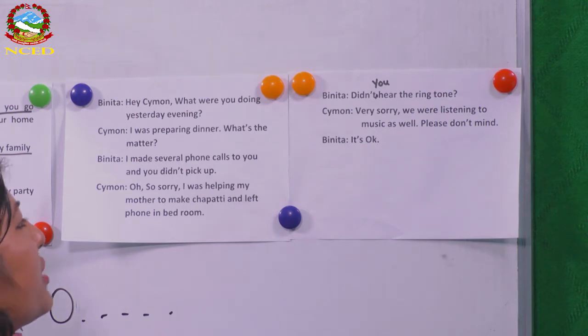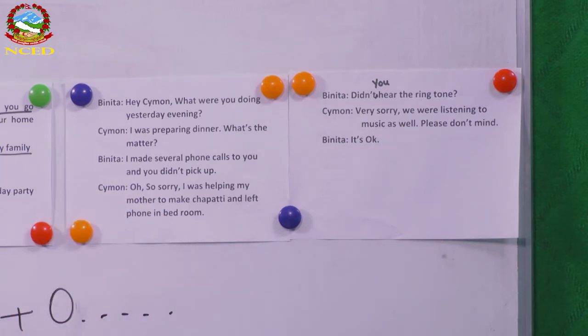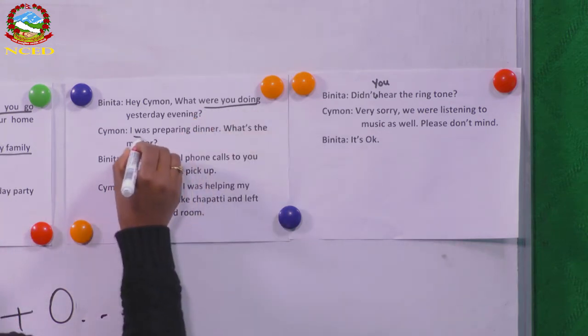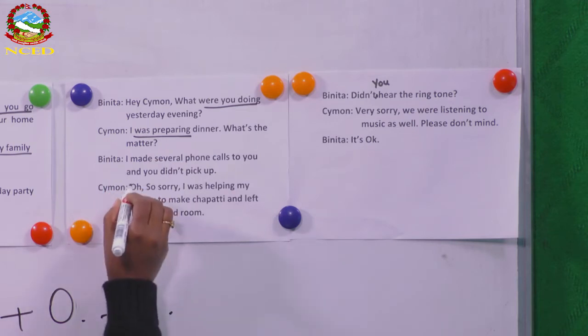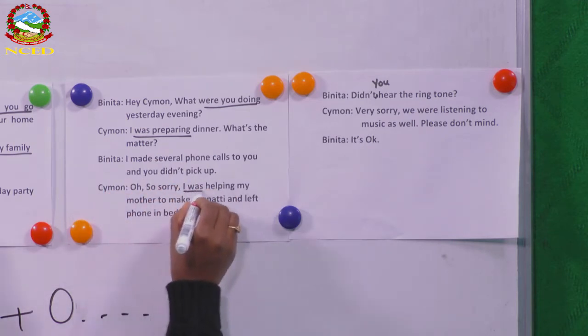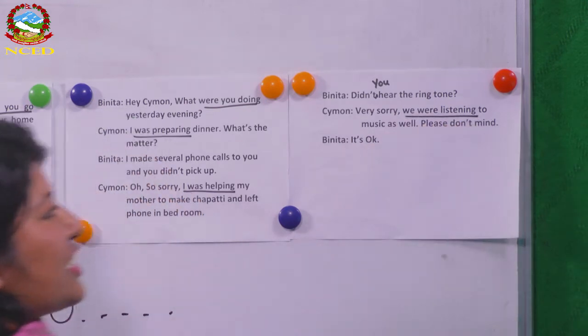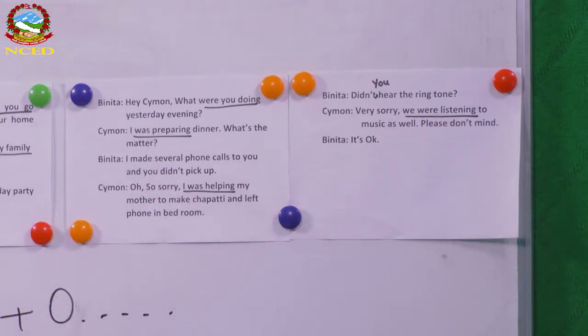So, did you find which element is focused here? Which tense is focused here? So, what were you doing? I was preparing, and I was helping. We were listening to music. So these actions are in progress, progressive, right?